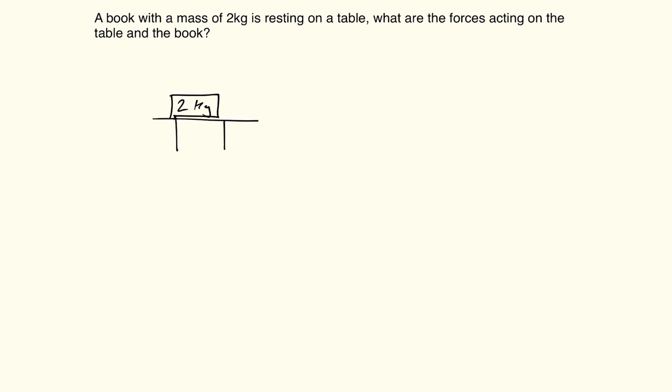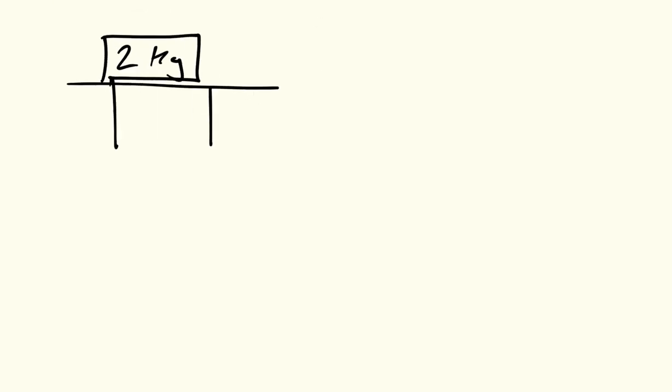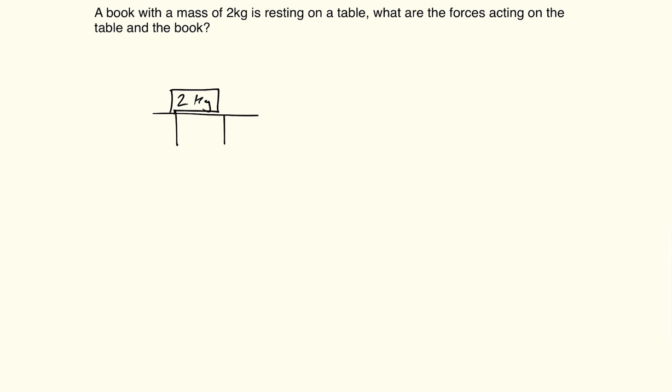Now, if we go back to our force formula, F is equal to mass times acceleration. What could our acceleration value be here? Now, since the force will be acting downwards, our acceleration will be gravity, and g is equal to 9.81 meters per second squared.